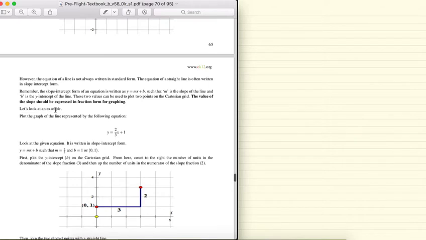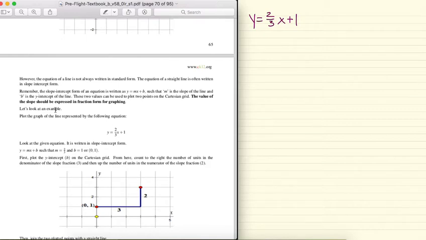Next, it says, okay, well, what if something is in slope-intercept form? So if we have something in slope-intercept form, and the problem they give in the textbook is y equals 2/3 x plus 1, we can use our knowledge of slope and y-intercept to graph this.